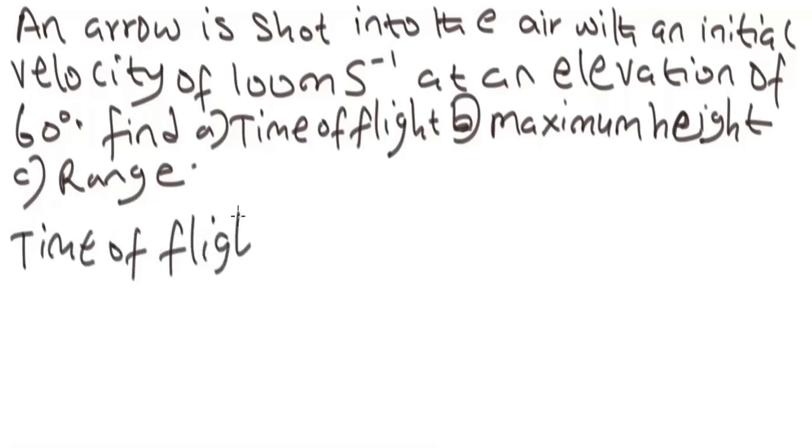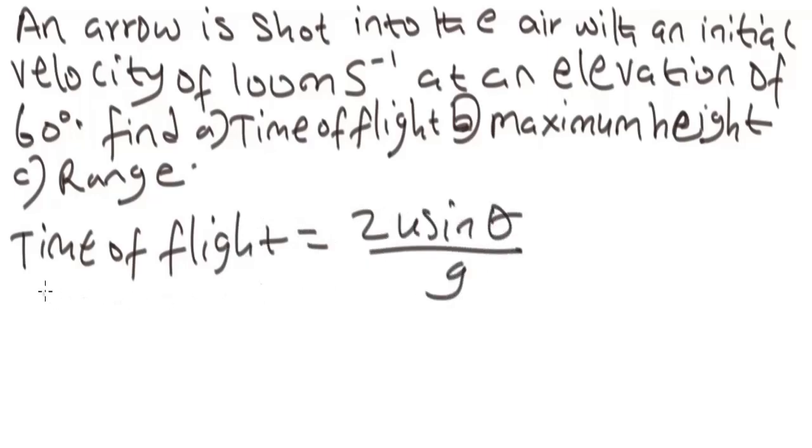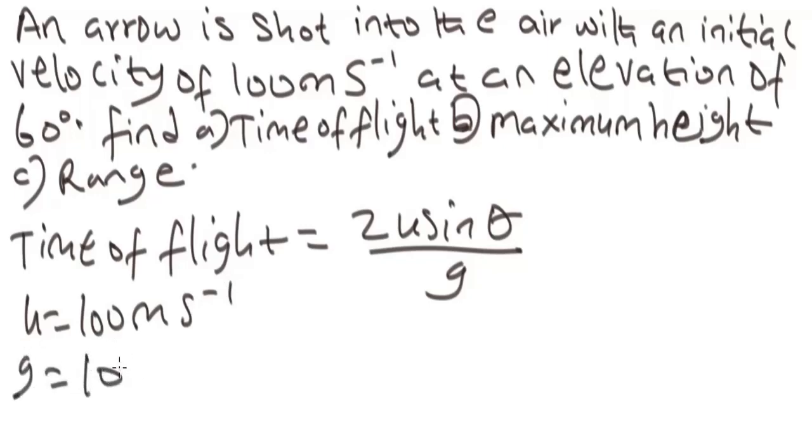Time of flight equals 2u sine theta over g. In this question, our u, initial velocity, is 100 meters per second. Our g, acceleration due to gravity, is a constant, 10 meters per second square. And our theta is 60 degrees.